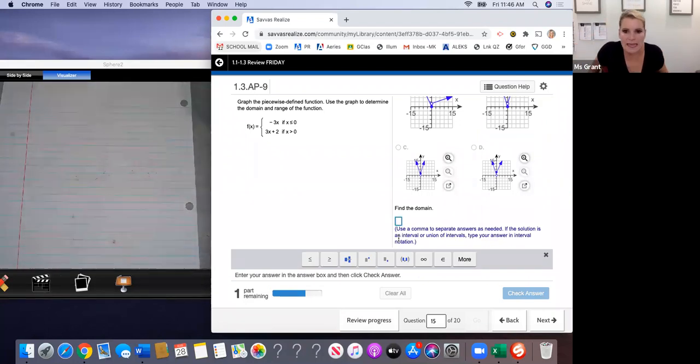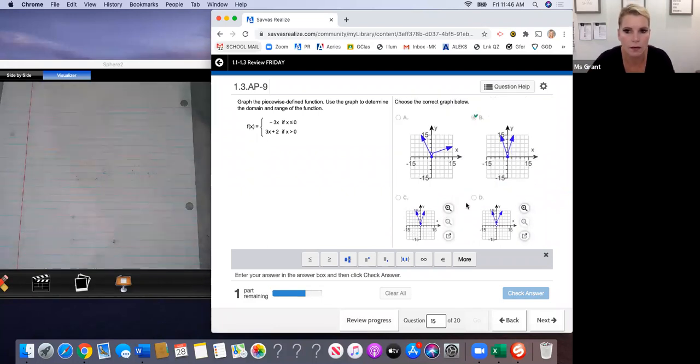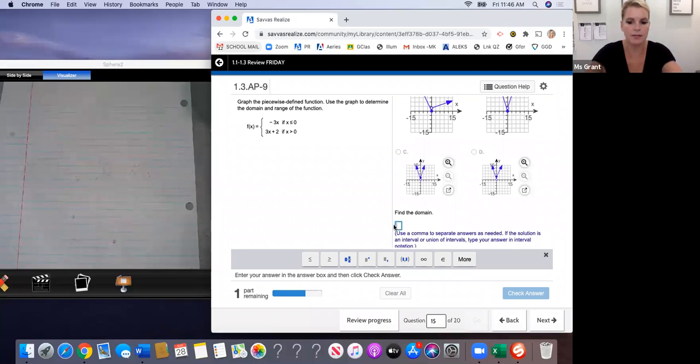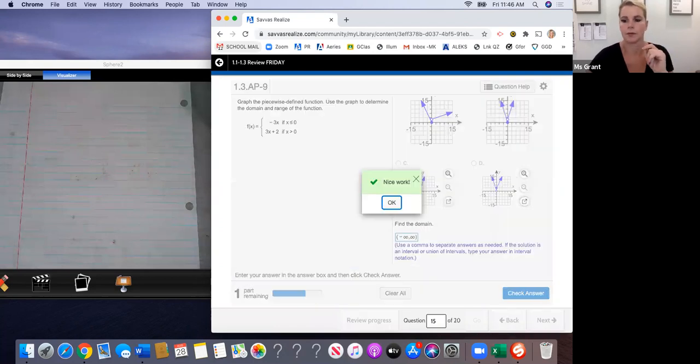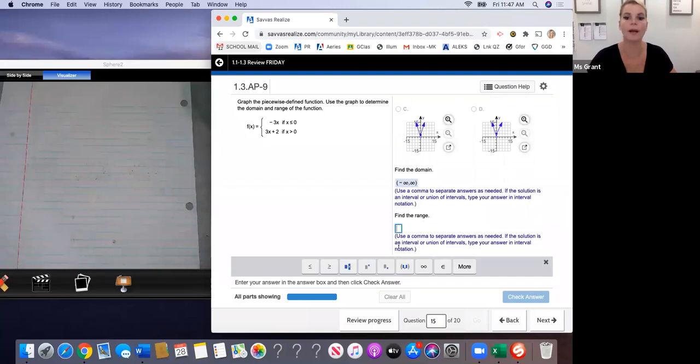Domain of B. The domain of B is all real numbers. Negative infinity to positive infinity. Oh, the range.